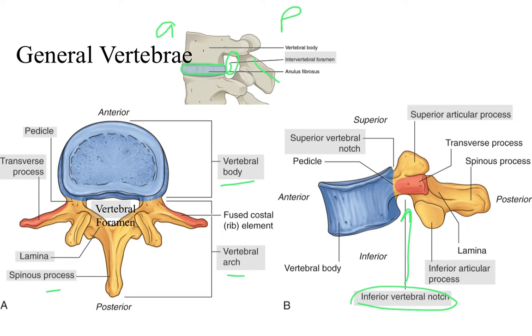If you're looking at the spine of the vertebrae, you're looking at the back of the person, and that makes sense because if you look at the back of somebody with their shirt off, you notice that there are little bumps all the way down the back in the middle, and that's from these spinous processes sticking out.